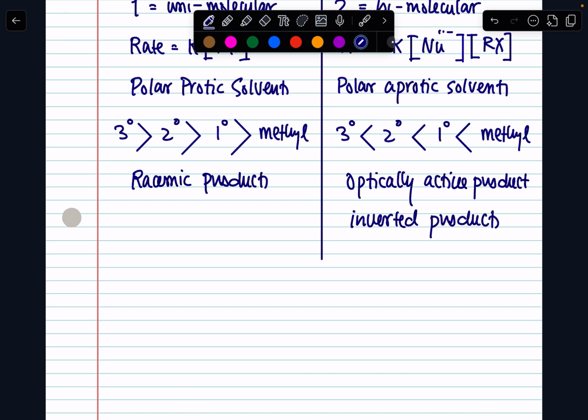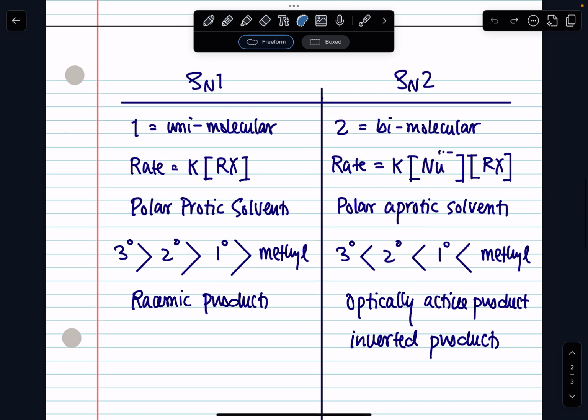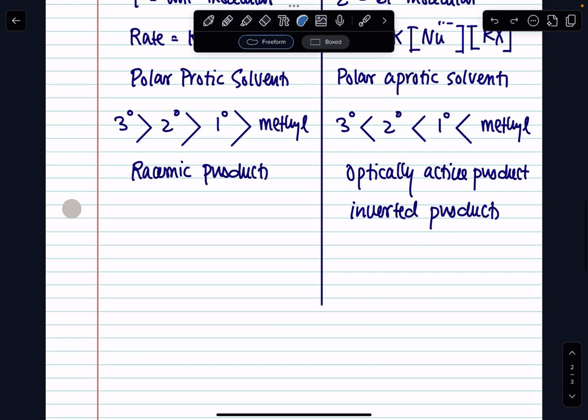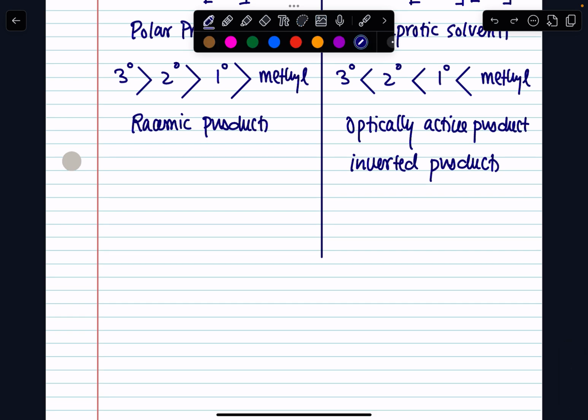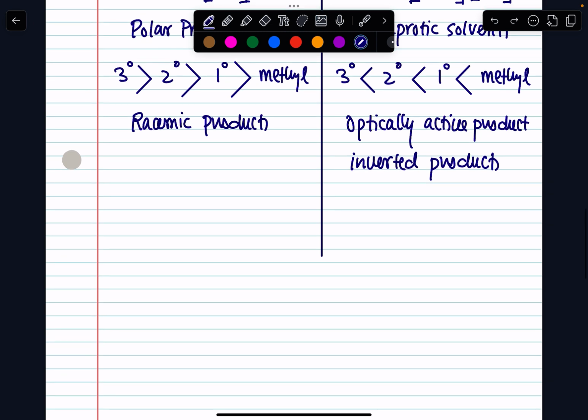Finally, in terms of which nucleophile you should use for these types of reactions, for SN1 a strong nucleophile is not required. It's not needed because, remember, this is called the rate law, by the way.